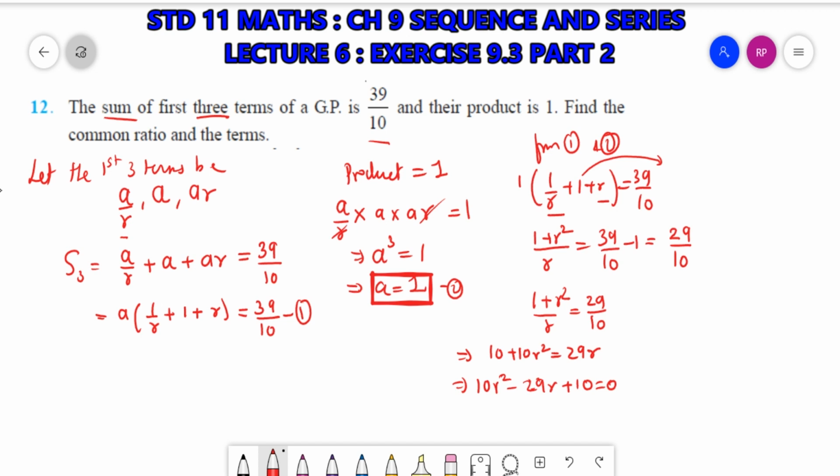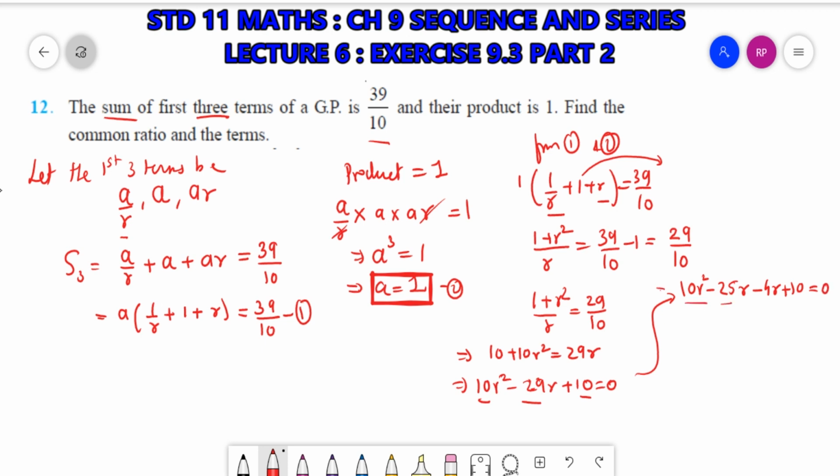Now it's time to factorize. So see, 10 into 10, that will be 100, and here it's minus 29. So we need to split minus 29 into two numbers such that when we add them it will be minus 29, and when we multiply them it will be plus 100. We know that 25 into 4 is equal to 100. So 10R square minus 25R minus 4R plus 10 equal to 0.